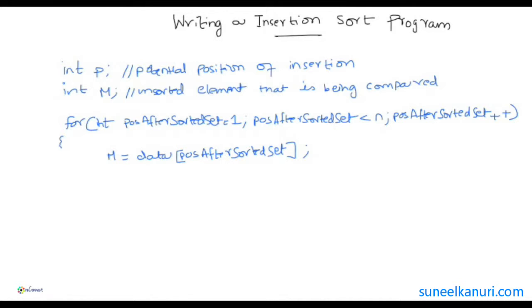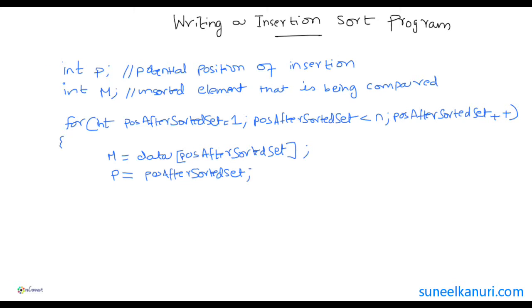Also, since the position where we may insert m initially is the position after the sorted set, we need to cache that in our predetermined variable p. So p is going to be the position after the sorted set initially. Now we search for the right position by comparing m with elements at positions before it.